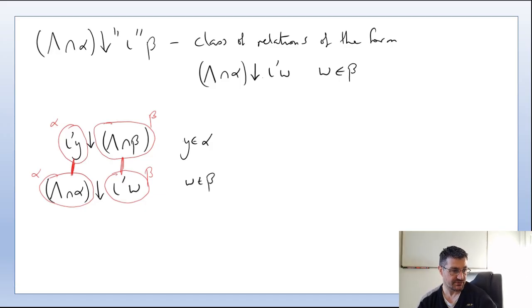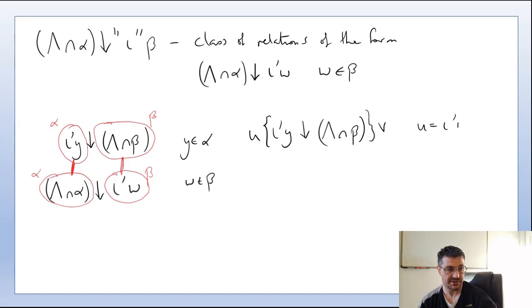When will this relation iota primed y down arrow lambda beta hold? This will hold only in the case, so if I've got u v, when u is equal to iota primed y and v is equal to lambda, the logical product of lambda and beta.